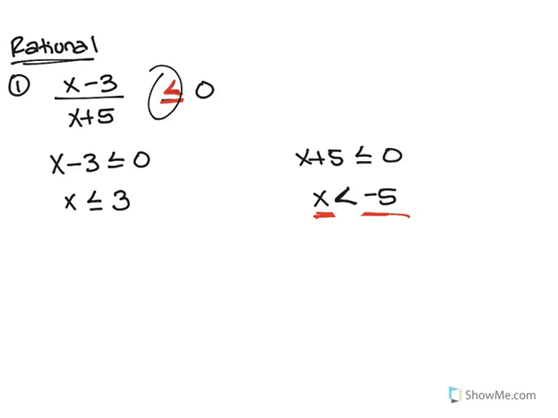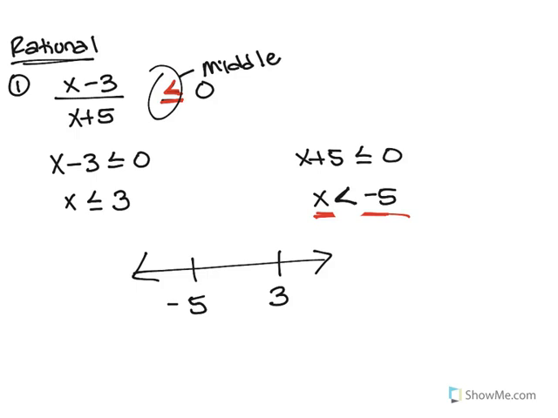Now, when you do your number line, all of that's the same from prior. You're going to put -5, you're going to put 3, and I told you if this is less than, it's supposed to shade where? In the middle. I'm going to go ahead and shade the middle.